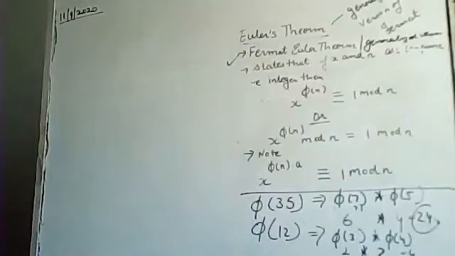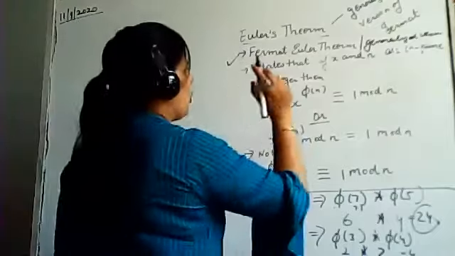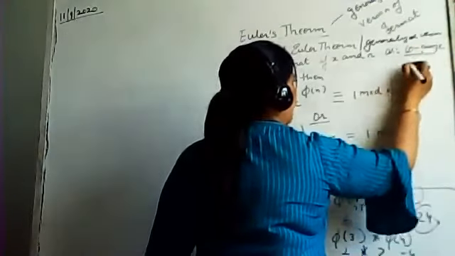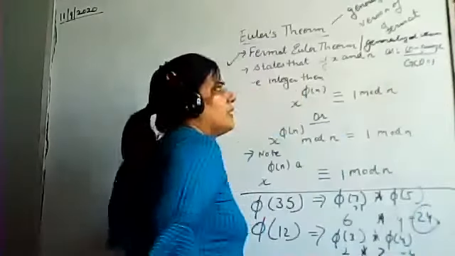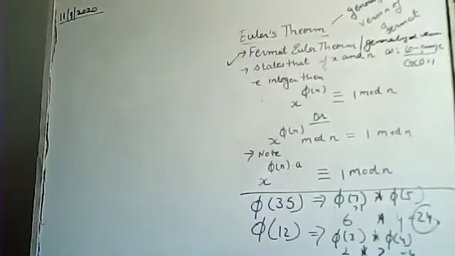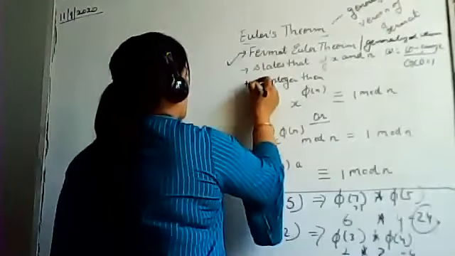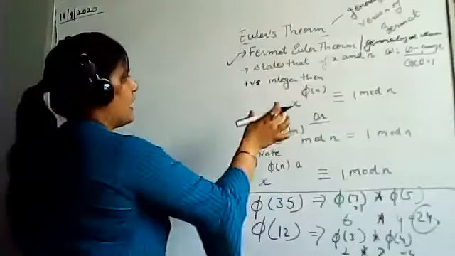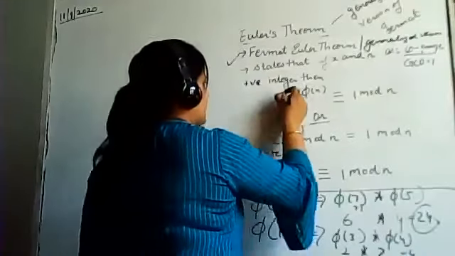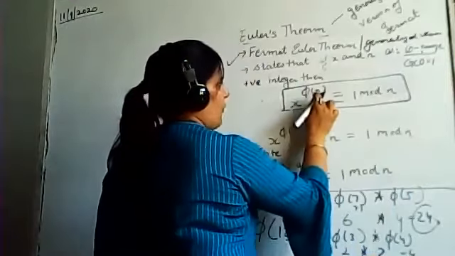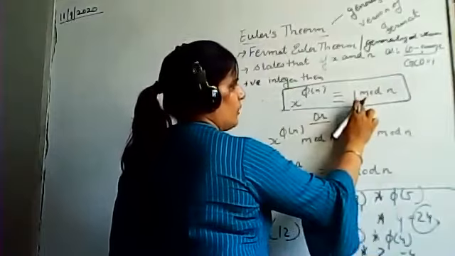Whenever the term co-prime comes, that means its GCD value is 1. So the greatest common divisor value is 1 over here. So Euler's theorem states that if x and n are co-prime positive integers, that is, GCD is 1, then we can represent this term as x raised to power phi(n) congruent to 1 mod n.